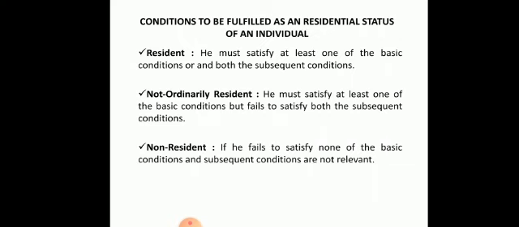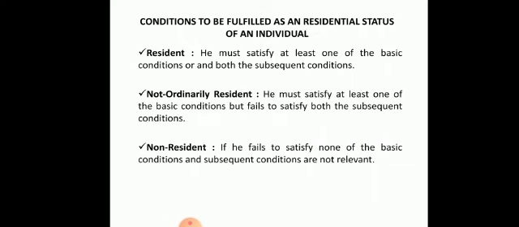Not ordinarily resident in India as per section 6 subsection 6. An individual is said to be not ordinarily resident in India in any previous year if he satisfies any of the two basic conditions but fails to satisfy one or none of the subsequent conditions.